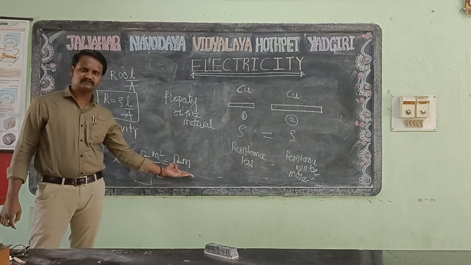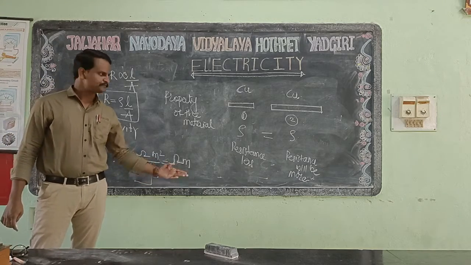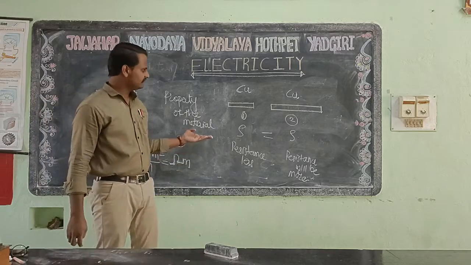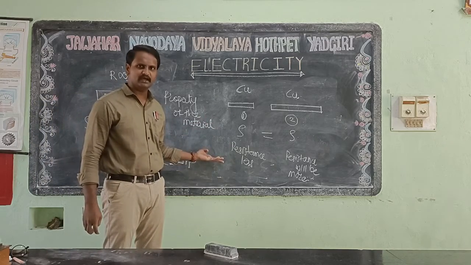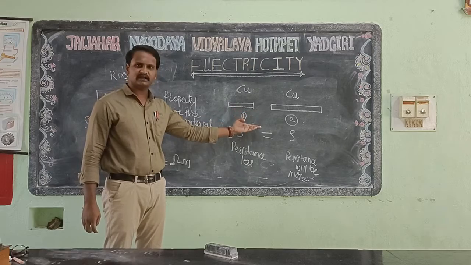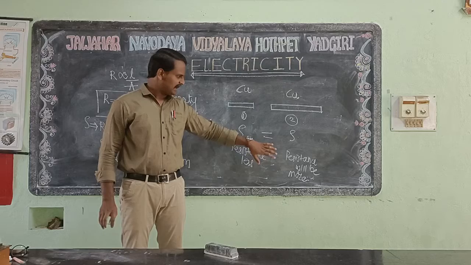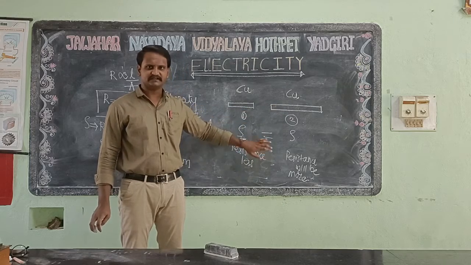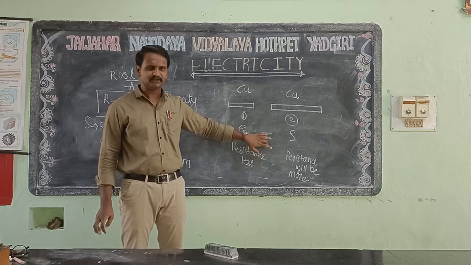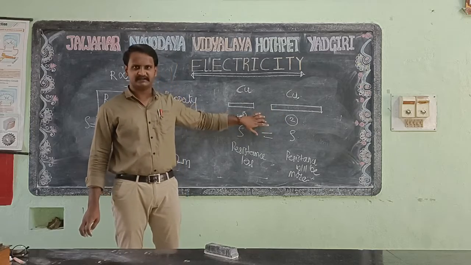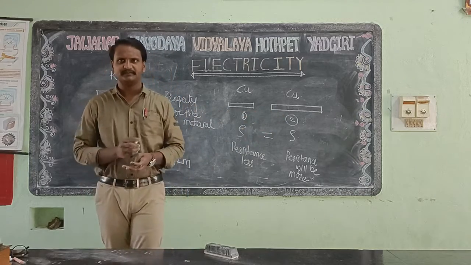So we get resistivity in ohm meter, and we define resistivity as a property of the material. If the material is the same, the resistivity will be the same. But as the length or area of cross section changes, resistance increases or decreases. Okay, clear?